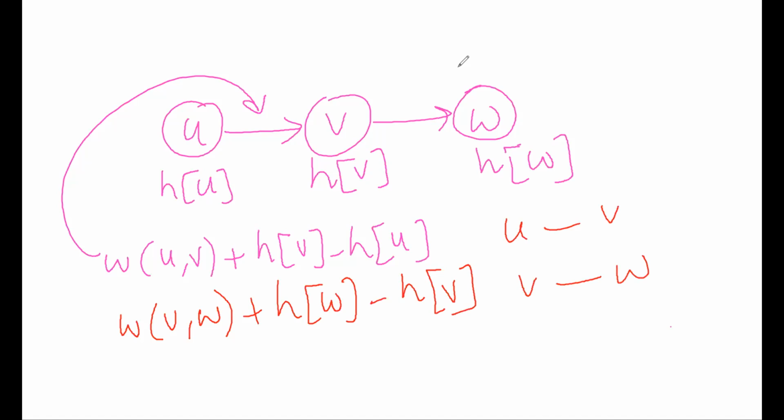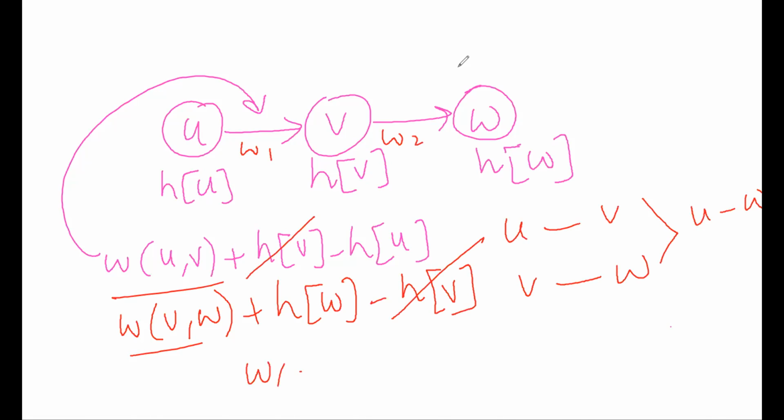So for the entire path between u to w, if you add these two, so you get let's say this is w1 and w2. So w1 plus w2 plus hw minus hu.